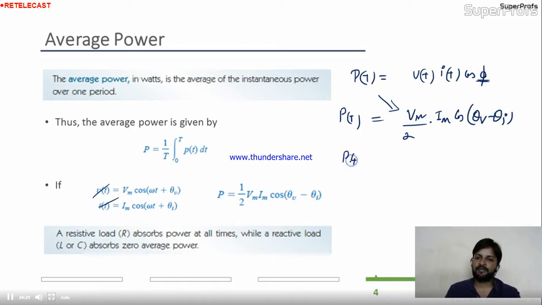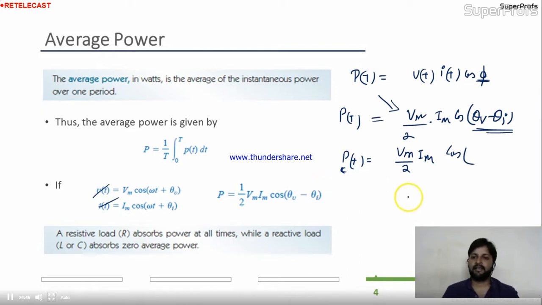Suppose in the case of a capacitor, I am going to measure the capacitor power. You will have some Vm and some Im. But what is the angle between current and voltage in a capacitor? We have seen in the last class that the current and voltage make an angle of 90 degrees for capacitor and inductor.